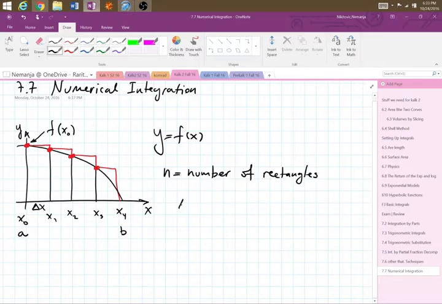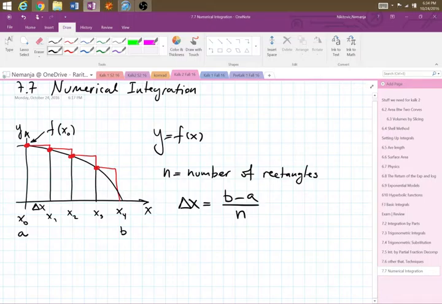And delta x has the formula B minus A over N, because we are definitely dividing the entire interval with the number of rectangles to get how wide each of the rectangles is.